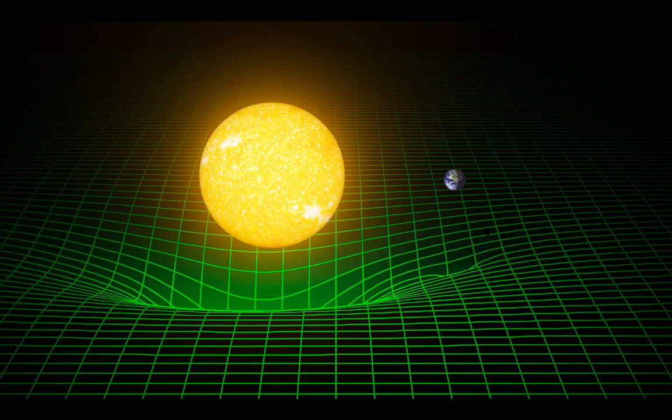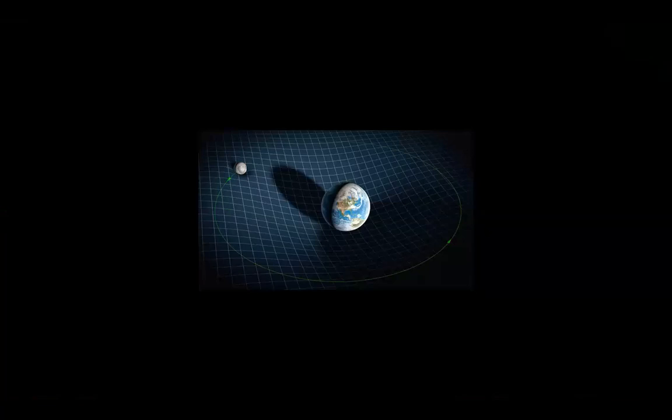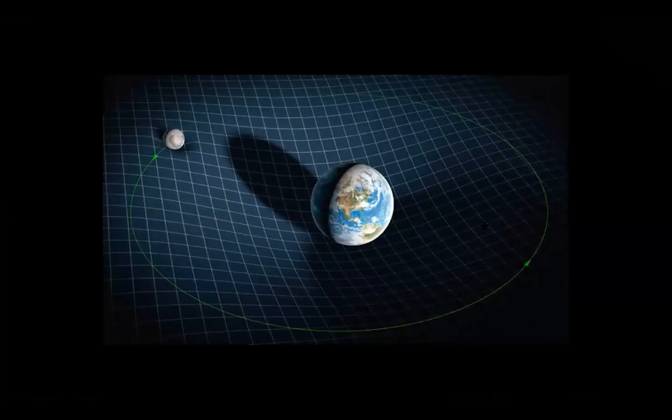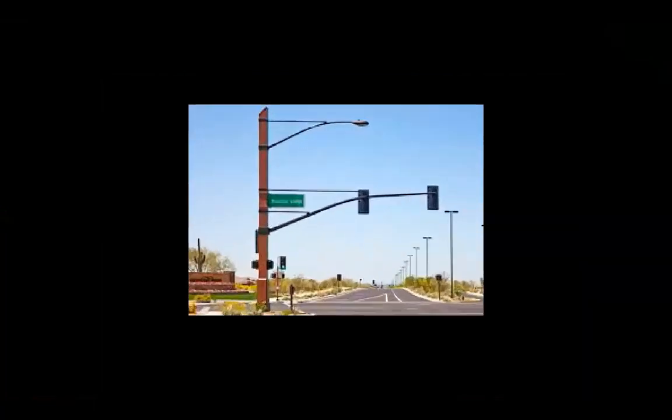The marbles keep rotating until they are stopped by friction, but in space there is no friction, so the earth keeps rotating continuously around the sun, and the moon keeps revolving around the earth.